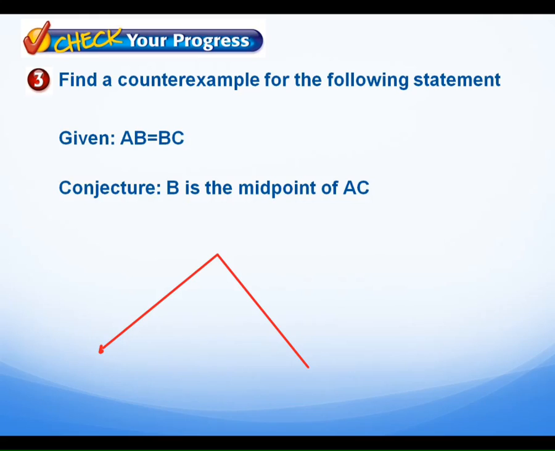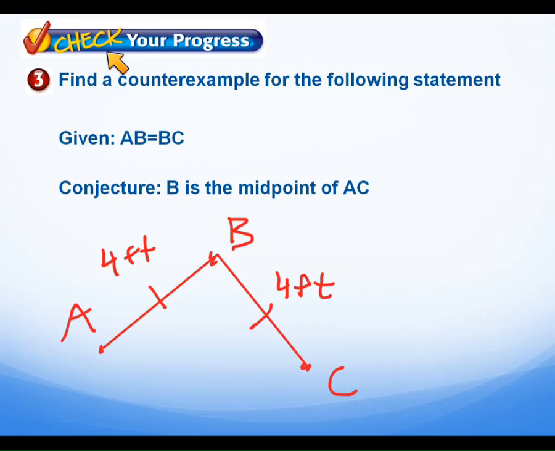And called this A, B, C, and those were the same. Is my given true? Yeah, AB is the same as BC, and let's say it was 4 feet, this is 4 feet. Is my conjecture false? Is B the midpoint of AC? It's not, right?